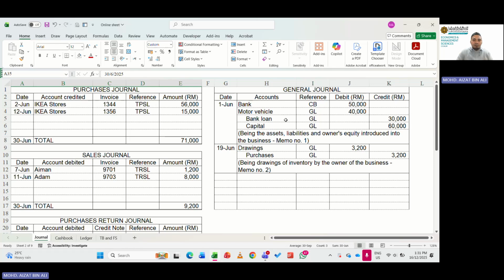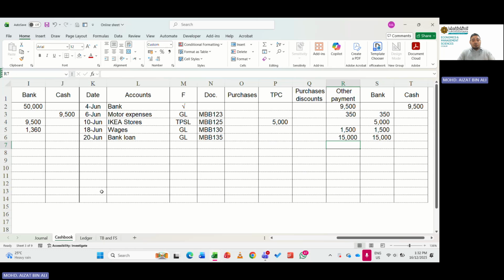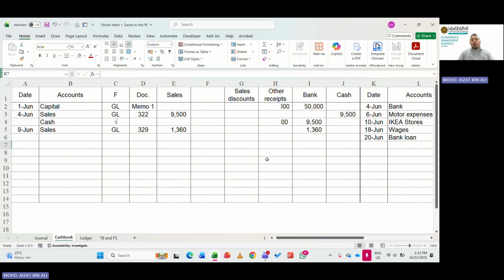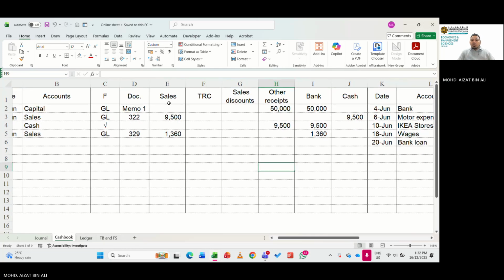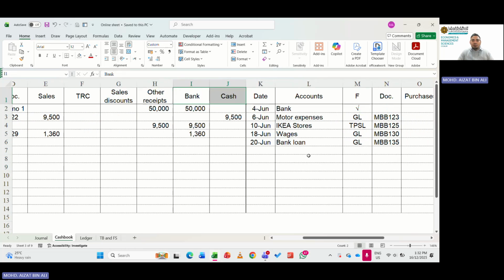Since we have closed all of our special journals and all of the entries in the general journal have been posted to ledgers, next is to close our cash book. To close our cash book, we have to total these columns. These four columns will be totaled, whereas these two columns will be balanced off. So how do we do this?